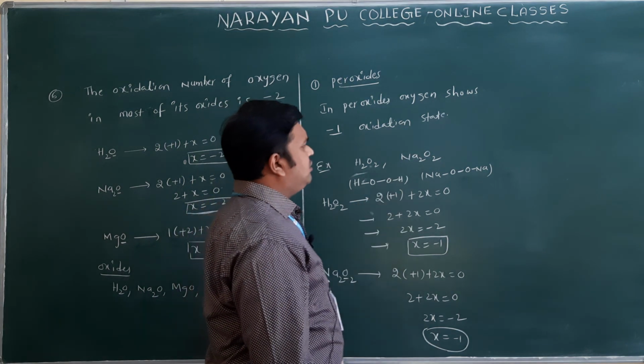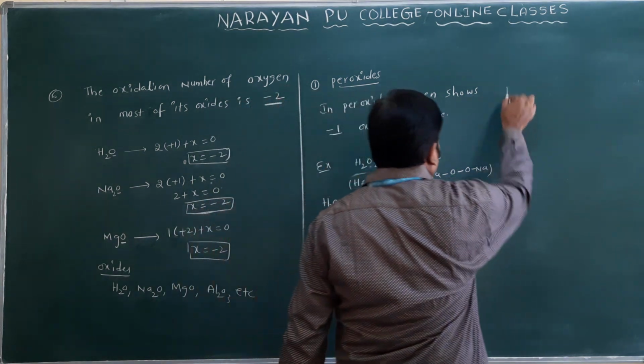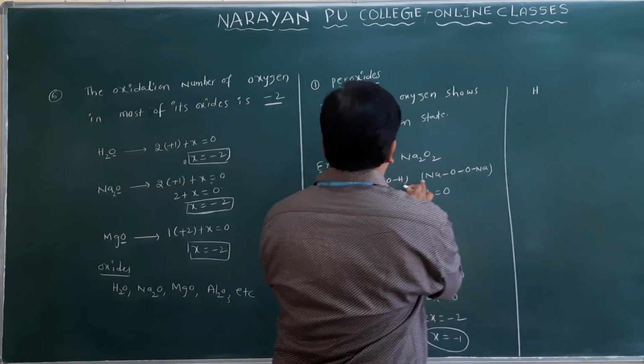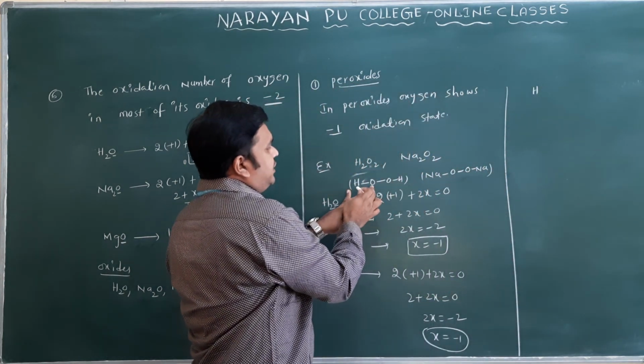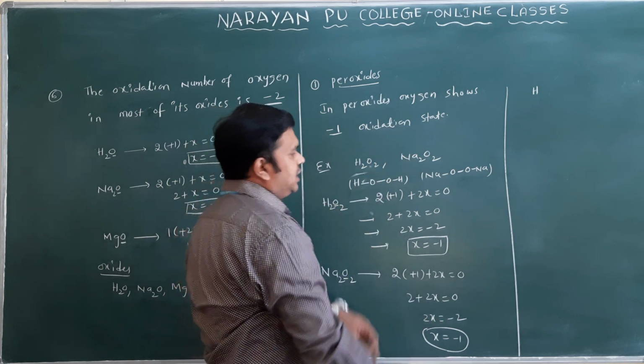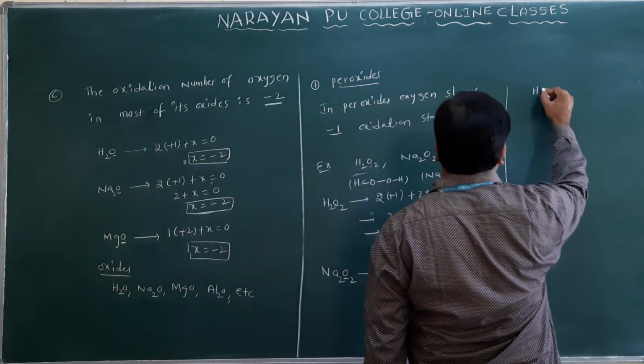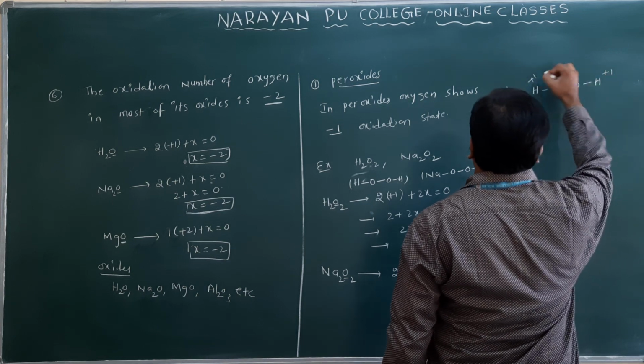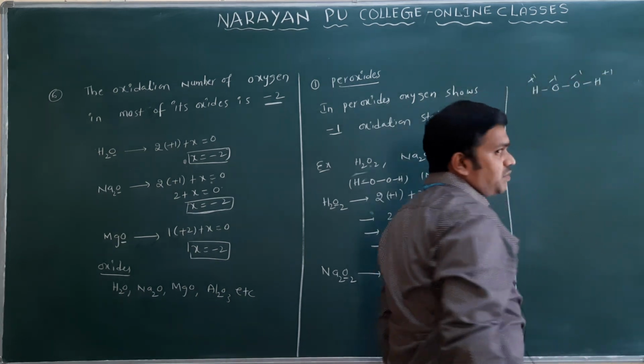In general, if you remove these two hydrogens, you will get O with -1 and O with -1. You write H, O, O, H: this is +1, this is +1, this is -1 and this is -1.